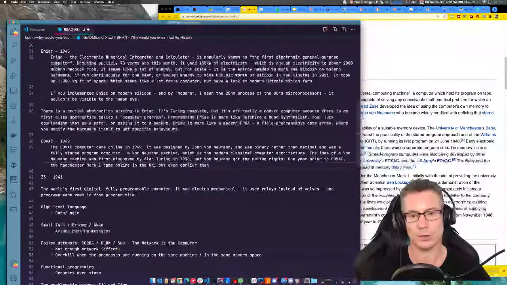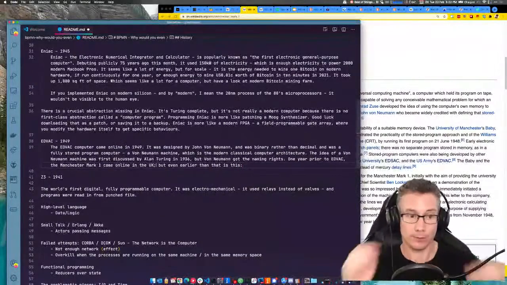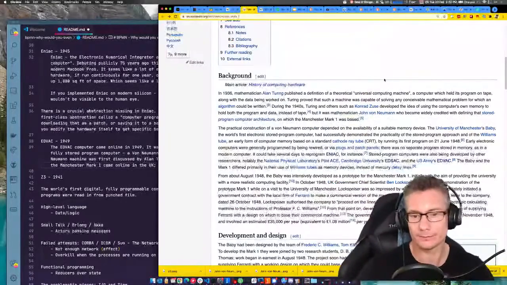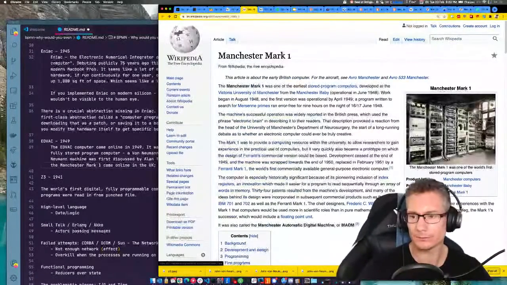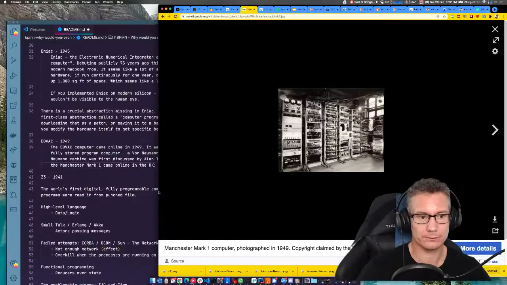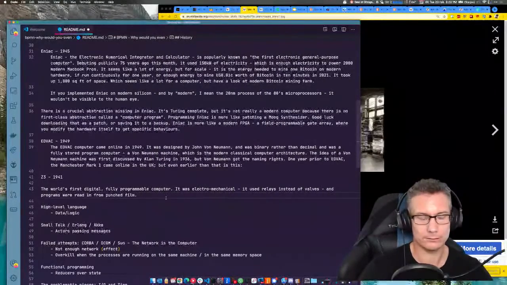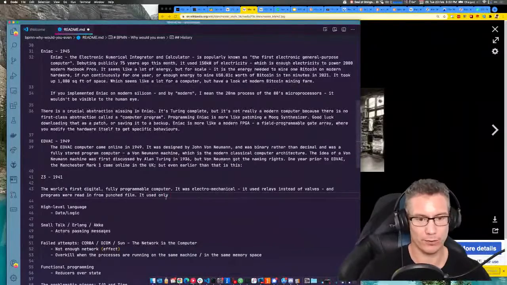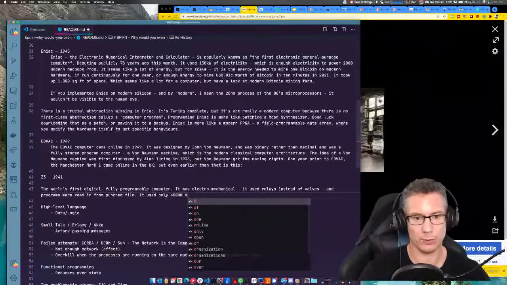But even earlier than that is this. So I think I should put the Mark 1. Okay, the Z3 used only 4,000 watts of electricity, 4 kilowatts.